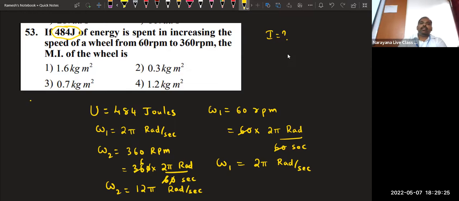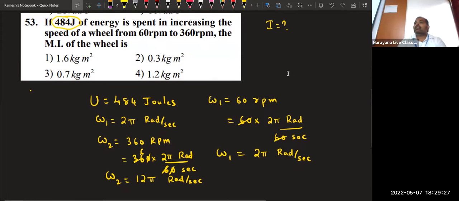Now tell me the moment of inertia of the wheel. The energy you delivered to the wheel is equal to the increment in rotational kinetic energy. Say yes or no?